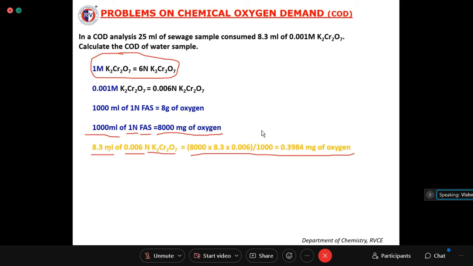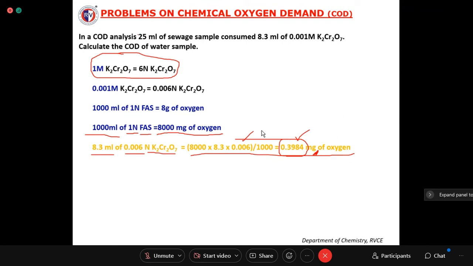Then 8.3 ml of 0.006 normal K2Cr2O7 is equal to 8000 into 8.3 into 0.006. Then the answer will be 0.3984 milligrams of oxygen. You can see here 0.3984 milligram of oxygen. What does it mean actually?